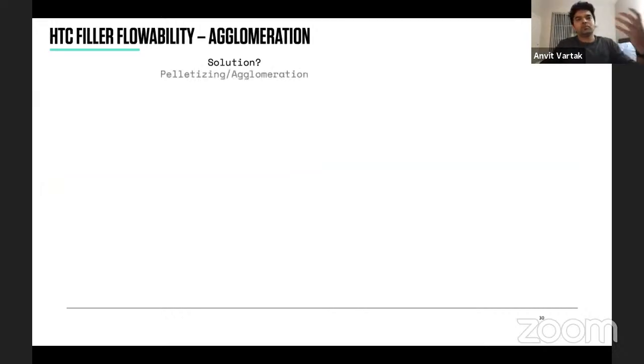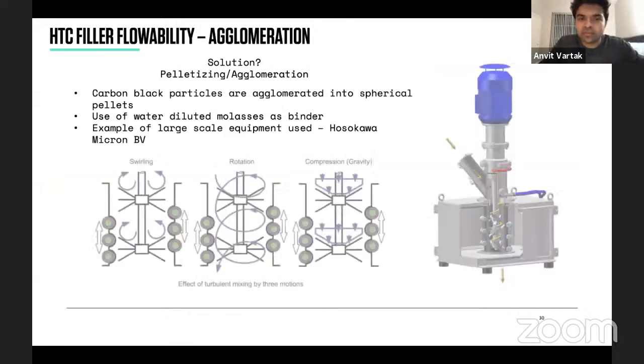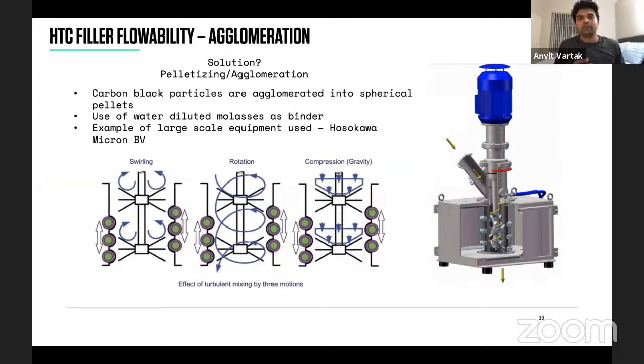You go see how carbon black particles are agglomerated. So a unit called agglomerator or pelletizing unit is used, which uses these basic principles by swirling, rotation, and lifting of the carbon black, the fluffy particles, adding a binder to it.